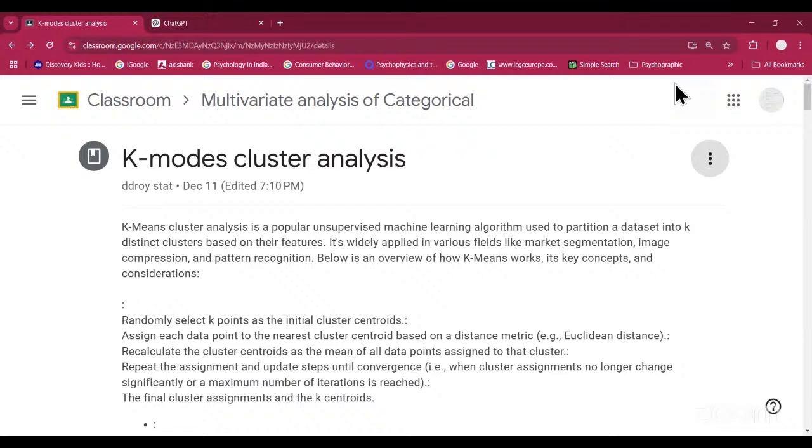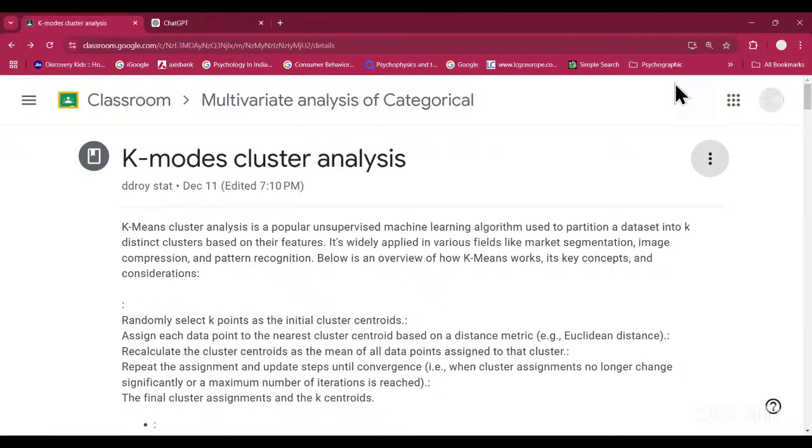Randomly select K points as the initial cluster centroids. For example, you have the 5 subjects, and the 5 subjects have the mean.